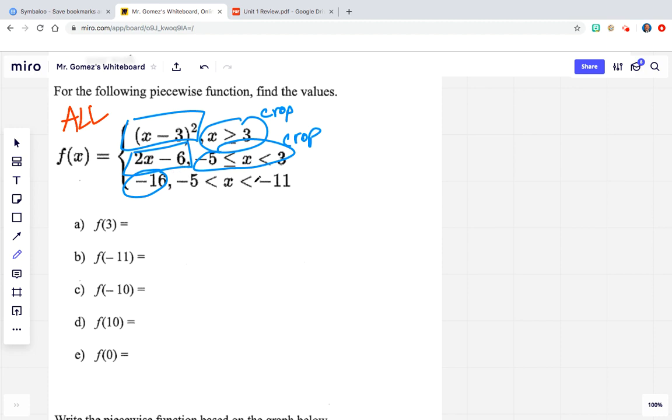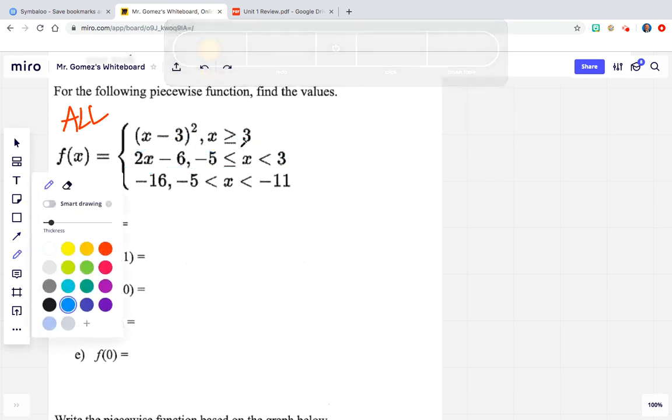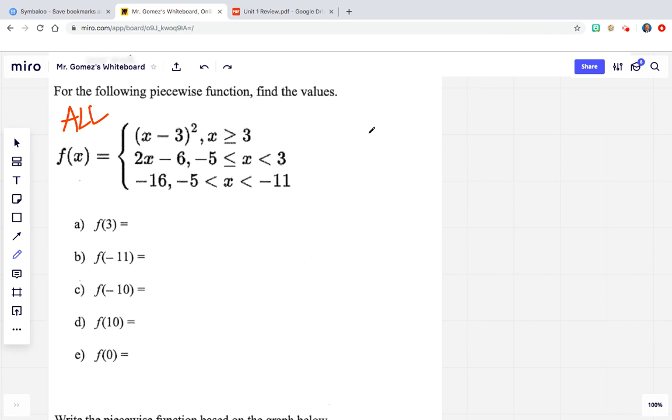And then -16 is my last selfie, and this is the interval domain where it will exist, aka be cropped out, okay? So I did find it helpful to show students in tutoring and in class that you can draw three little number lines, if you will, that display what these croppings consist of. Okay, so let's go ahead and do that real quick just to help you out with studying.